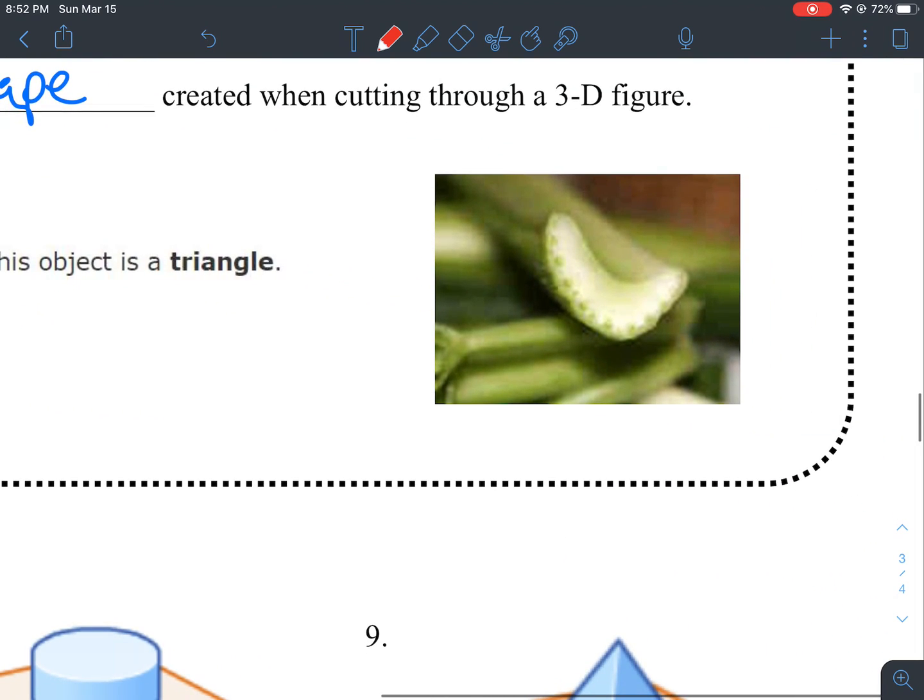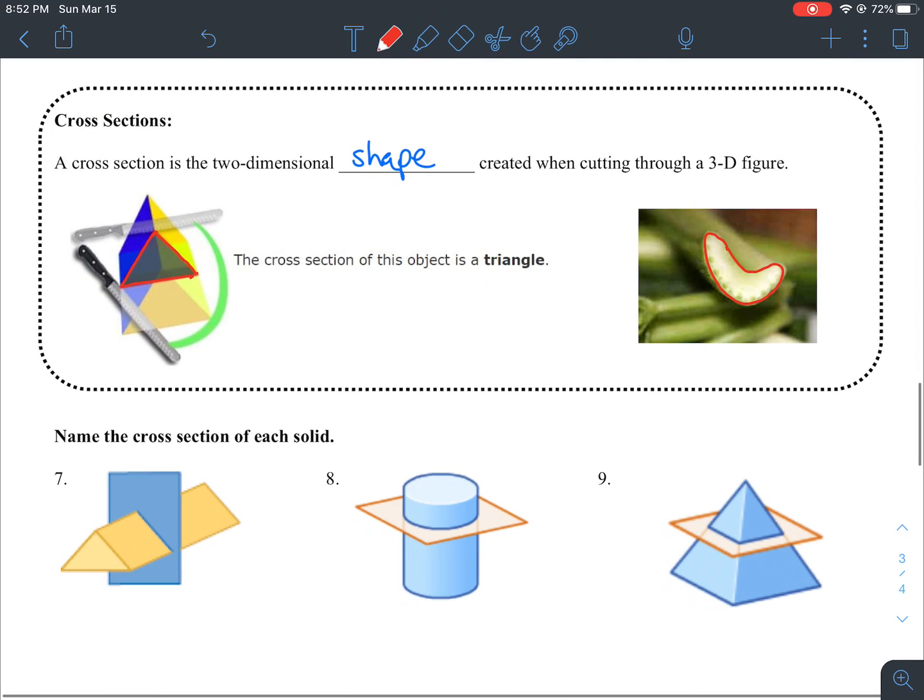I thought this was a really good example I found online as well of just a piece of celery, where if you were to chop a piece of celery and look at the inside, you would see this arc shape right here. That is the cross-section of a piece of celery. It's what two-dimensional shape is on the inside after we were to open it up.